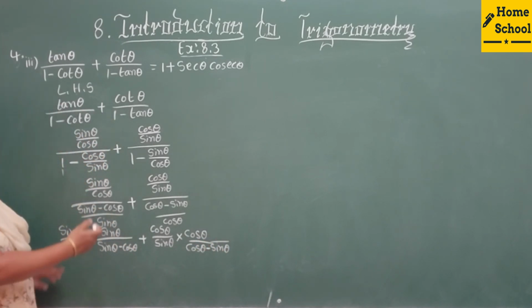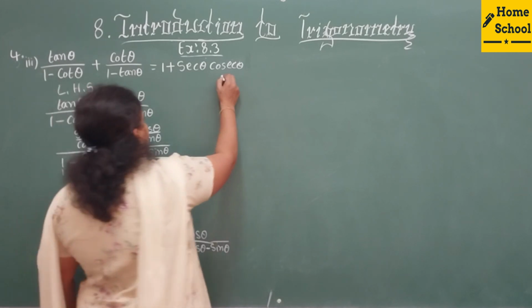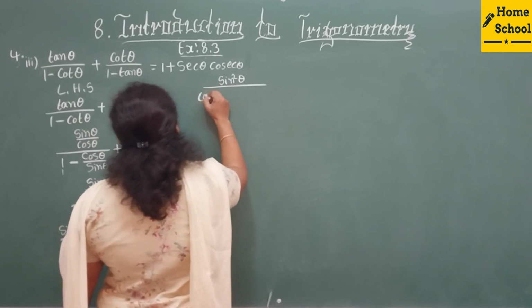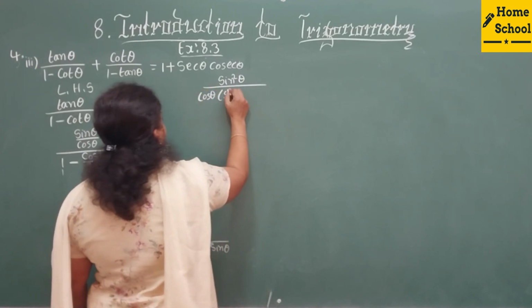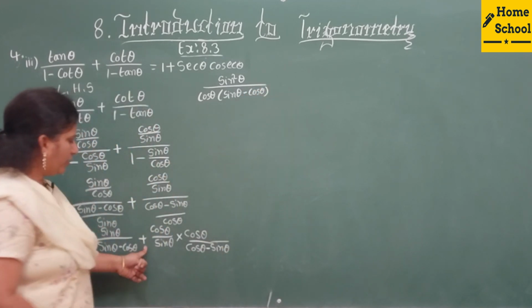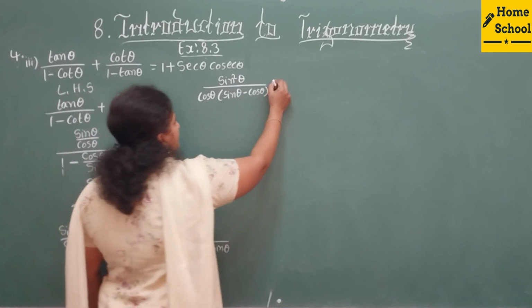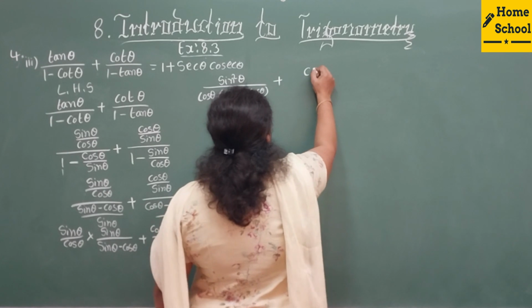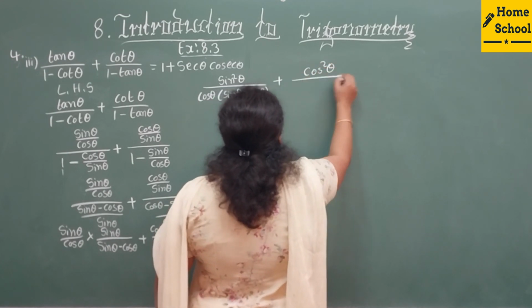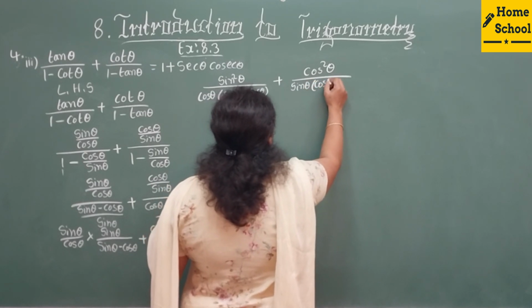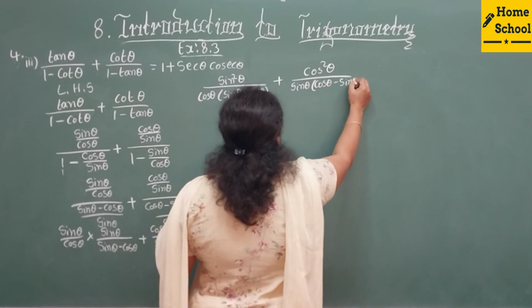Now multiply the numerators, children. Sin theta into sin theta will be sin square theta by cos theta into sin theta minus cos theta. And what do you have in the middle? Plus. Cos theta into cos theta will be cos square theta by sin theta into cos theta minus sin theta.